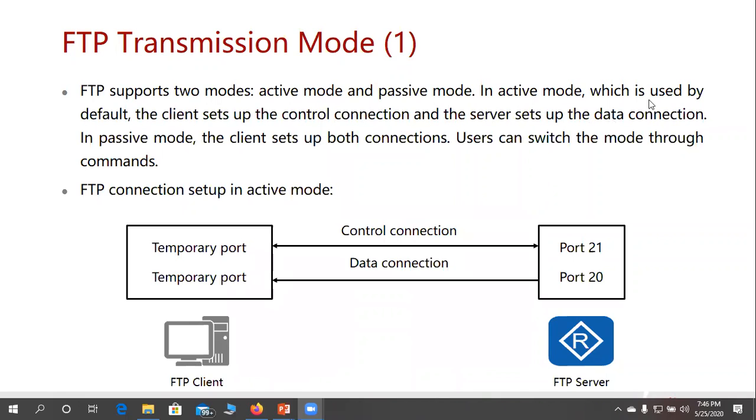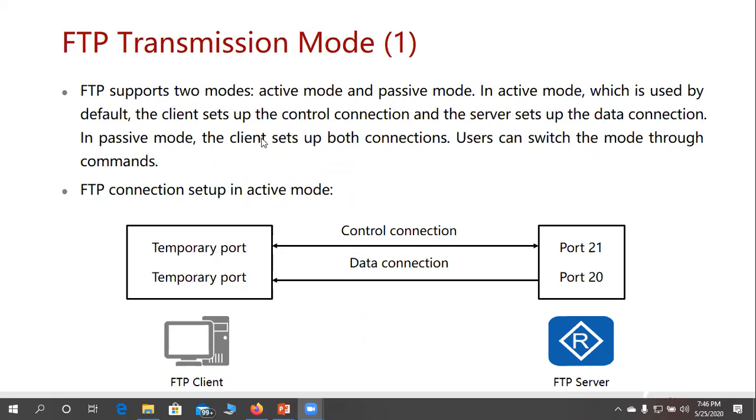In active mode, which is used by default, the client sets up the control connection, and then the server sets up the data connection.